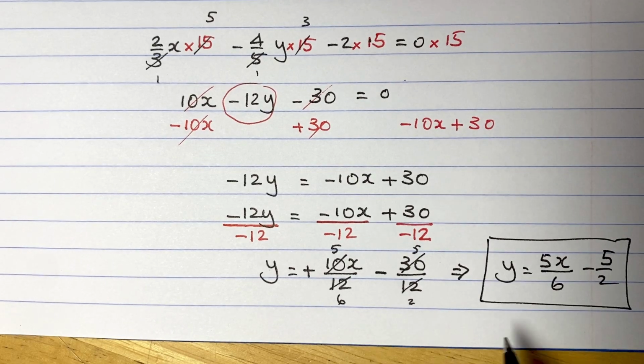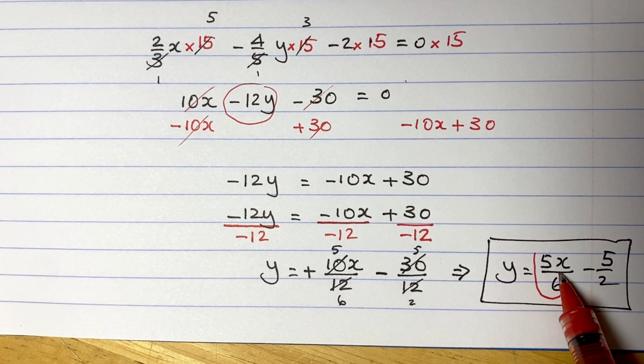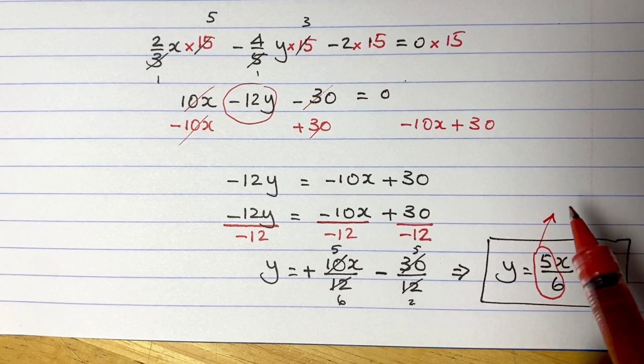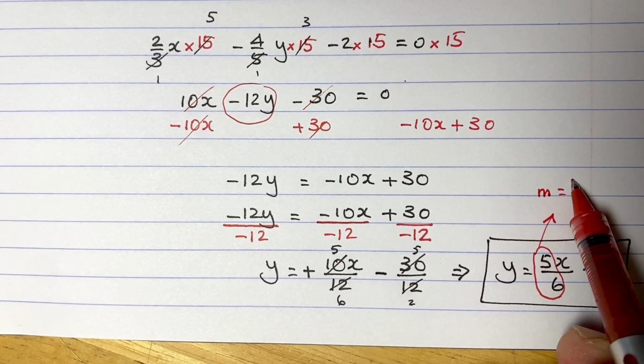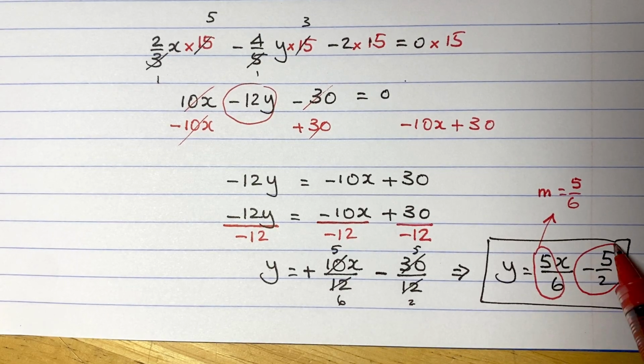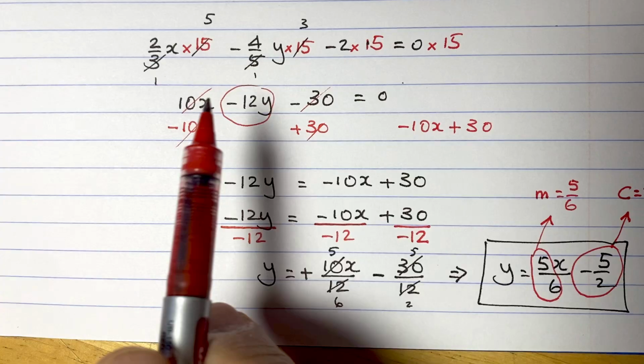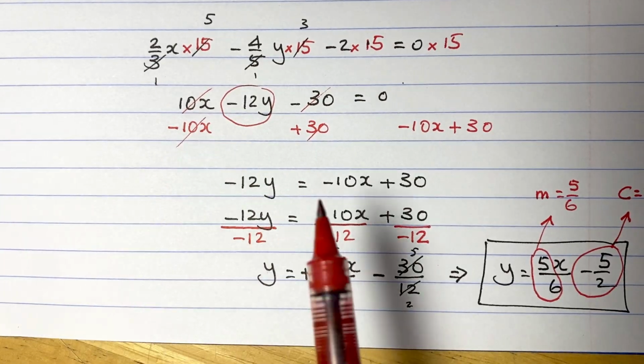I can now tell you what m is. M is the number stuck to x. So m equals 5/6. And the intercept on the y-axis is minus 5 over 2.